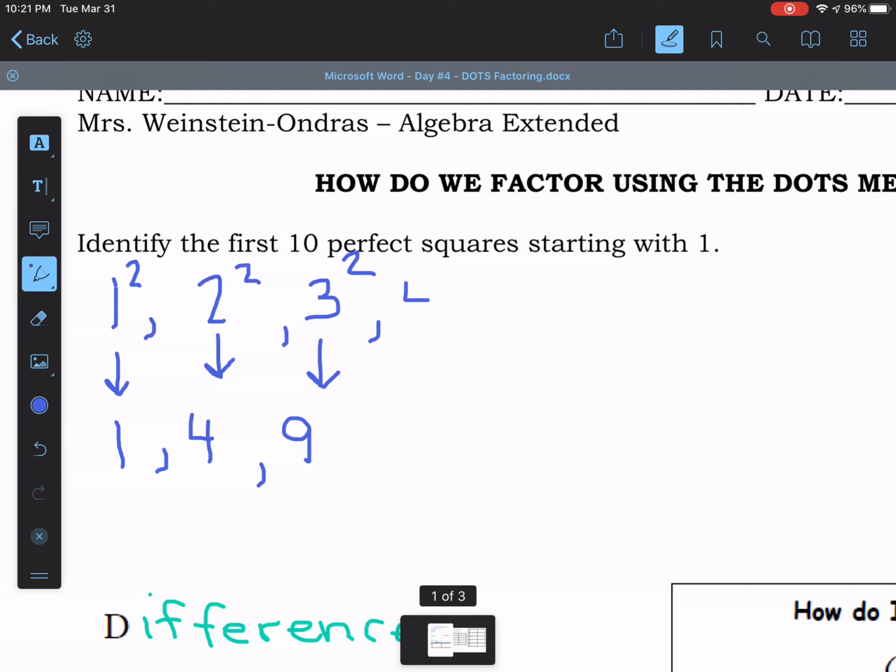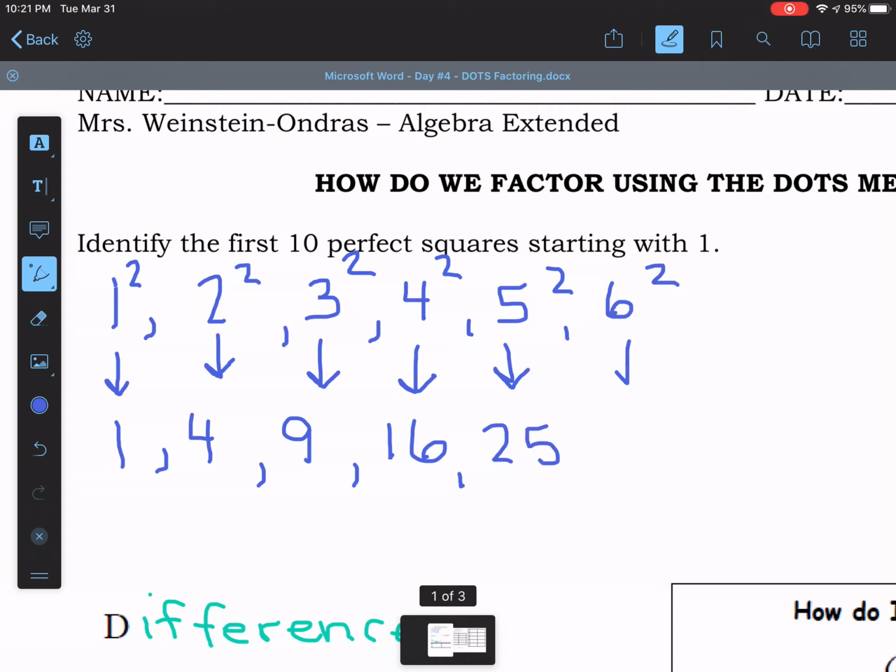All right, now we're going to do 2 squared. So 2 squared means I'm doing 2 times 2, and 2 times 2 is 4. Okay, 3 squared, 3 times 3, 9. I'm just going to keep doing this until I get up to 10, okay?